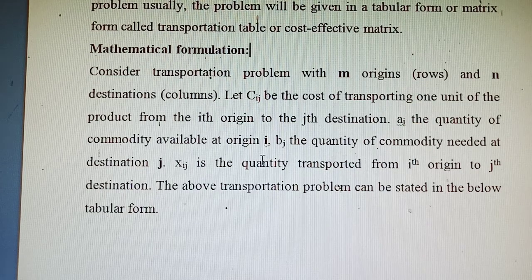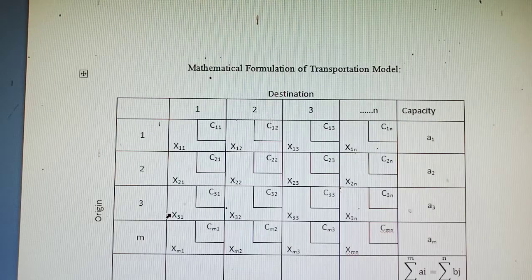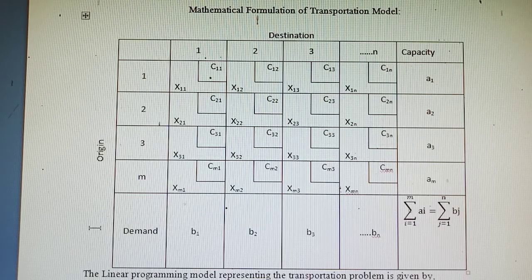Ai is the quantity of commodity available at origin i. Bj is the quantity of commodity needed at destination j. Xij is the quantity transported from the ith origin to the jth destination. Now this can be explained in the matrix form, given below. You see in this matrix form the mathematical formulation of the transportation model.